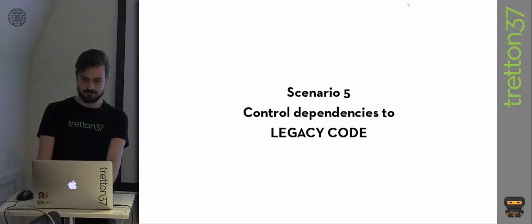Scenario 5, control dependencies to legacy code. We don't want to have like 15 touch points to legacy code, because then when we actually manage to kill the beast, we have 15 places to fix. So we want to encapsulate that integration.